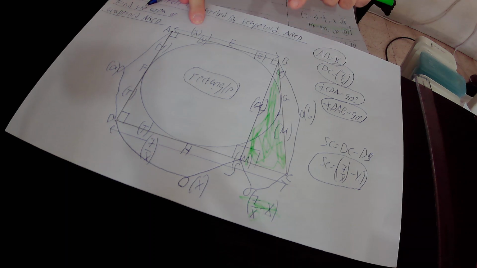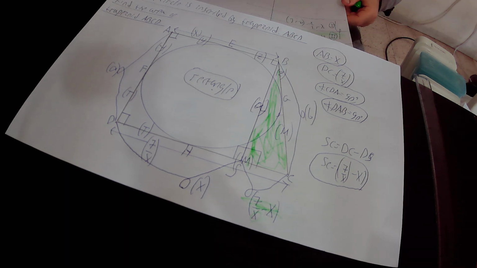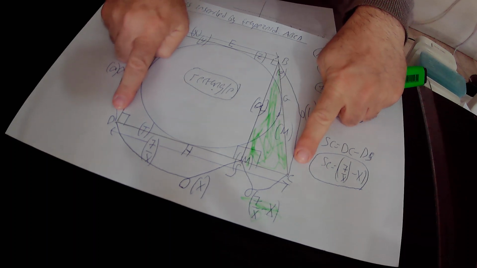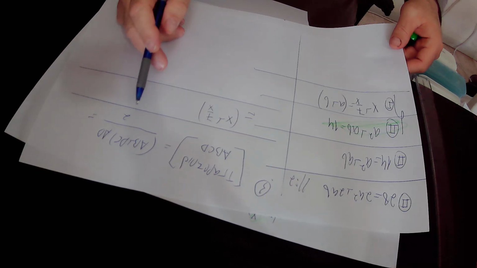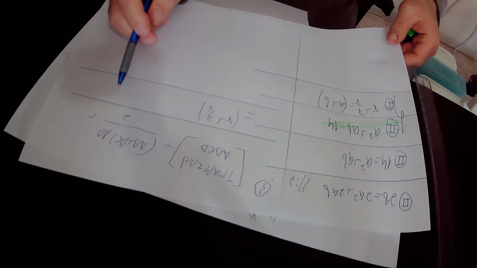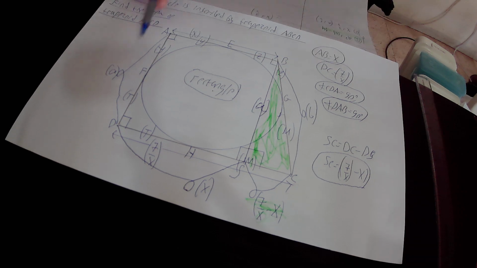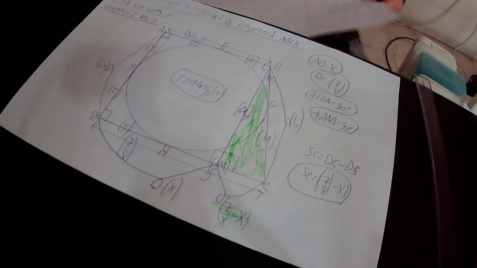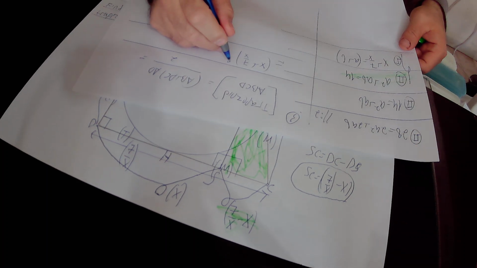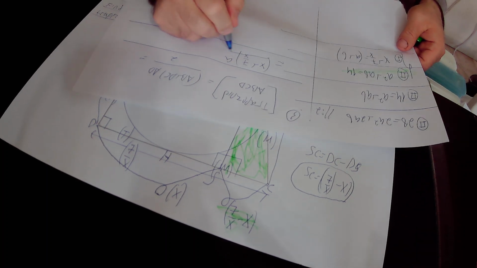AB equals x, according to what is given in the question, plus DC. DC equals 7 over x, according to what is given in the question. Again, AB is x and DC is 7 over x, times AD. AD equals a according to our definition, divided by 2.